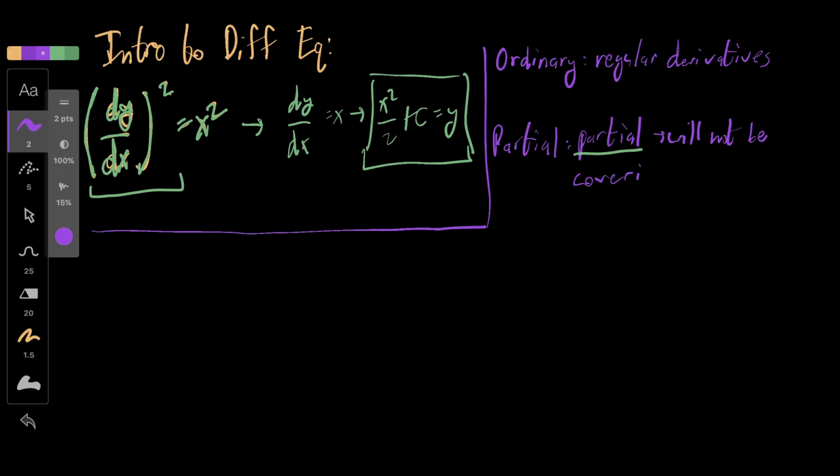So, how else can we classify these? Well, let's look at the derivative. As we see, we have the first derivative. So, we can say this is of order or degree 1. And let's say we had a second derivative or a third derivative, that would be order or degree 2 or 3.